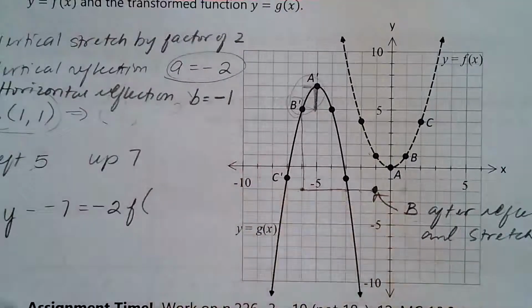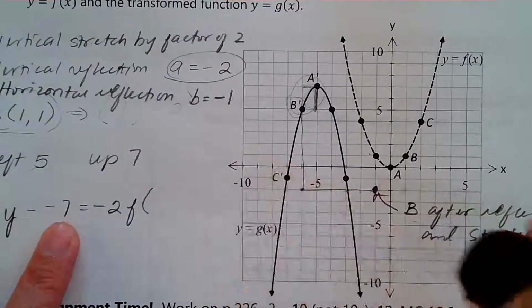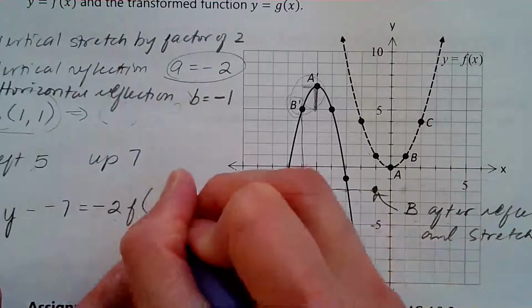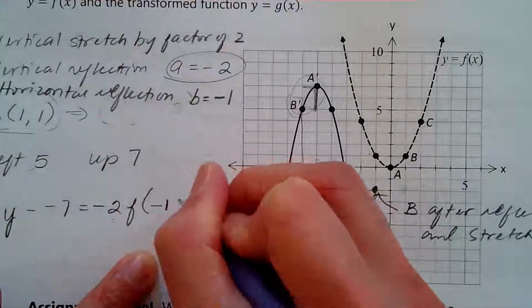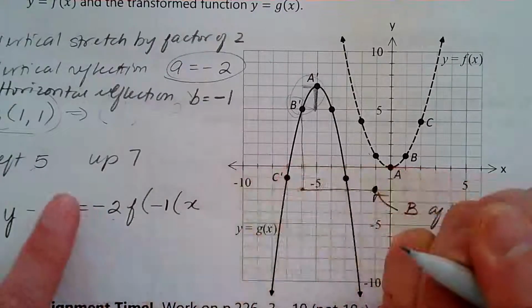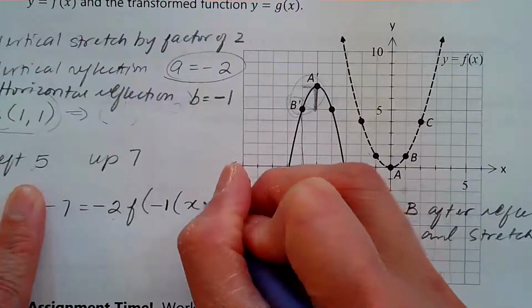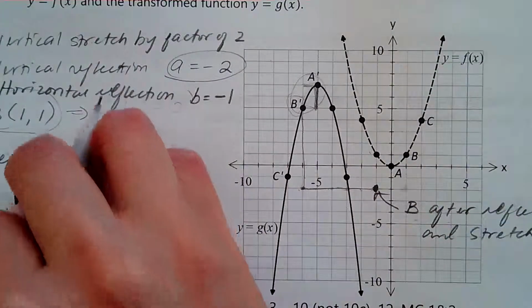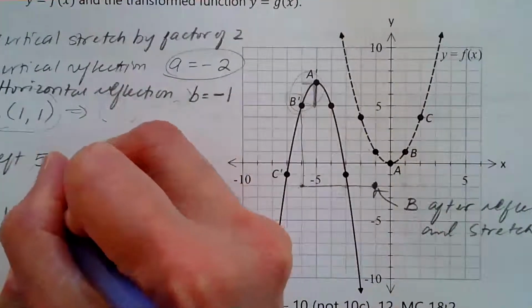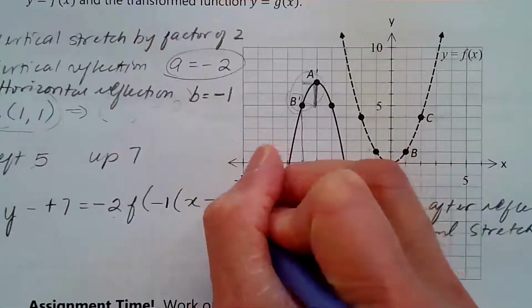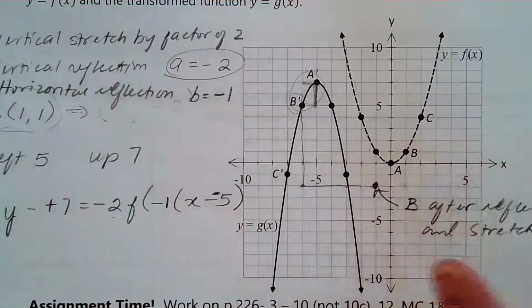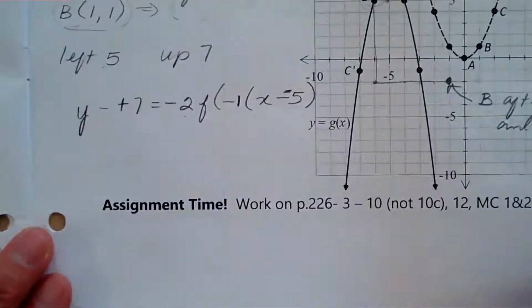Left 5, up 7, so negative 2 f of negative 1 x minus, so this one should be up 7, minus negative 5. So let's clean it up. Good. Much better.